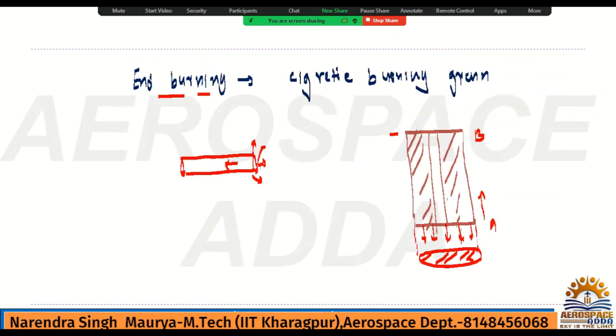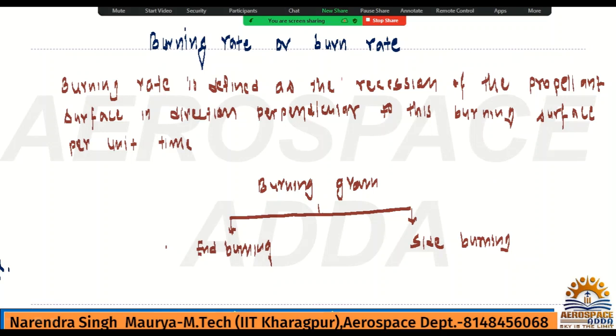This is what we had started: burning rate or burn rate, noted by R dot. The whole definition, the theory, comes under burning rate. For a long time we have been talking about it, and now you can understand what the burning rate is.